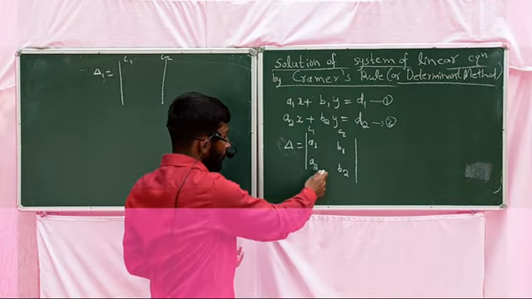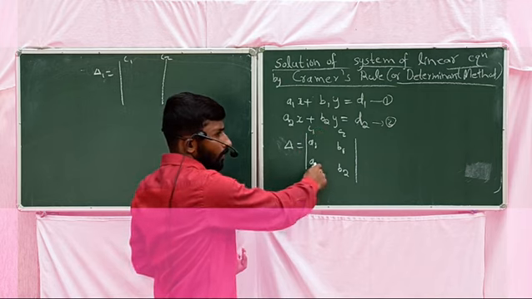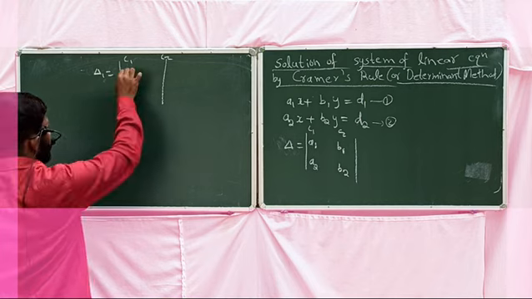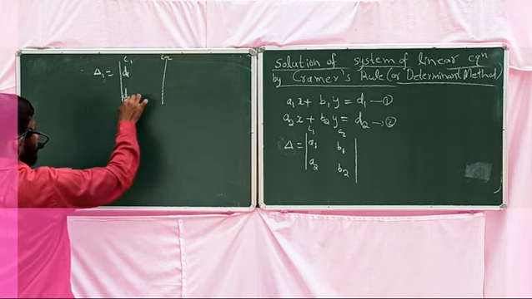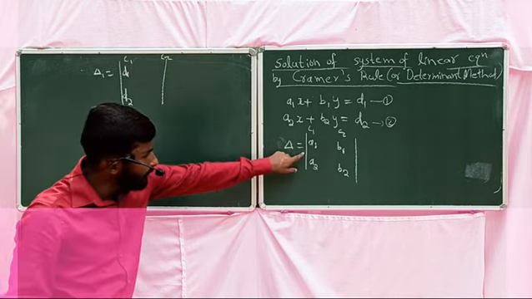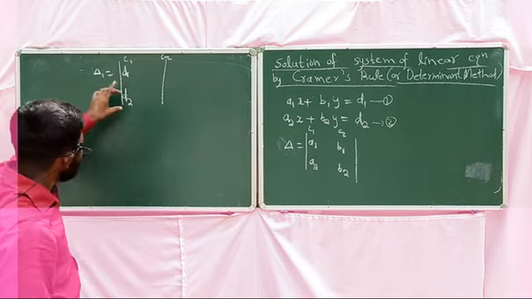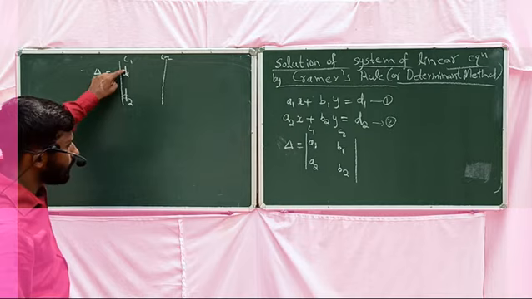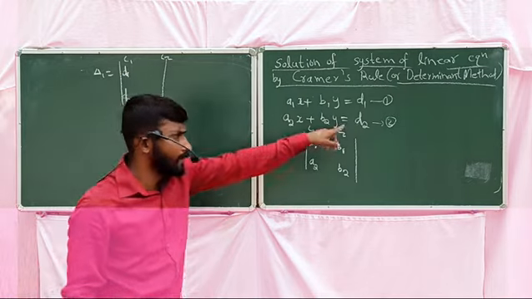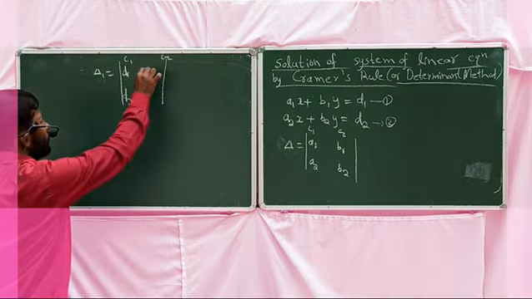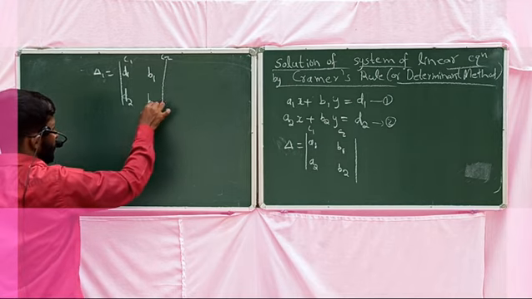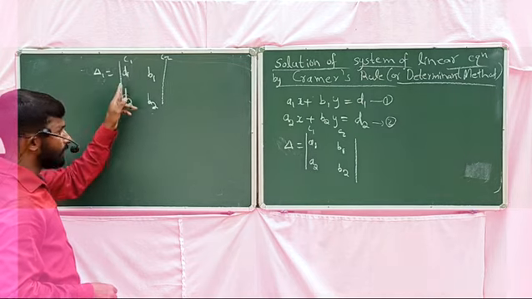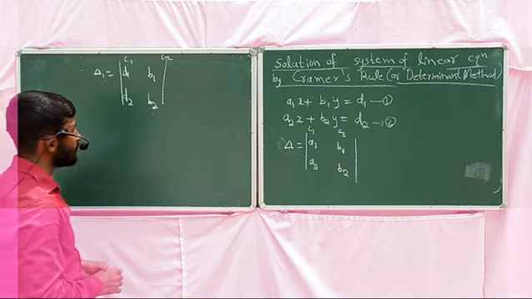You need to remove the coefficients of x and replace them by the constants d1 and d2. So delta 1 is obtained by writing d1, d2. Actually, in the determinant delta, it has the coefficients of x, but in delta 1 you are replacing the coefficients of x by the constants on the right-hand side, d1, d2. Then C2 remains the same, b1 and b2. Calculate the delta 1 value: product of diagonal entries minus product of non-diagonal entries.